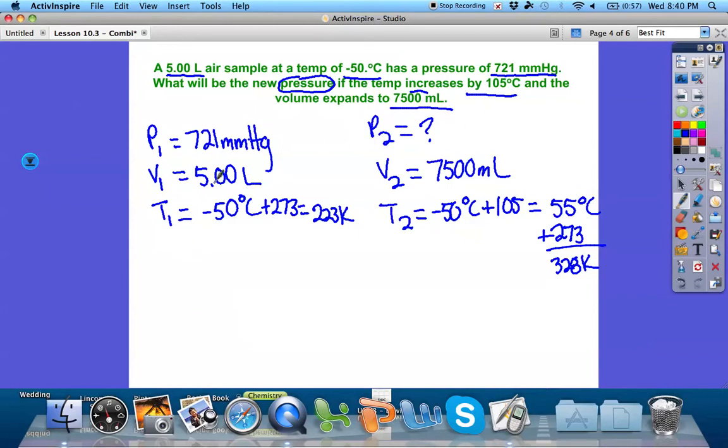And then we need to convert our volume so that it is in the same units. So I'm going to convert milliliters to liters by moving my decimal 3 places to the left, which is going to be 7.50 liters. So now we just need to plug things into our equation.